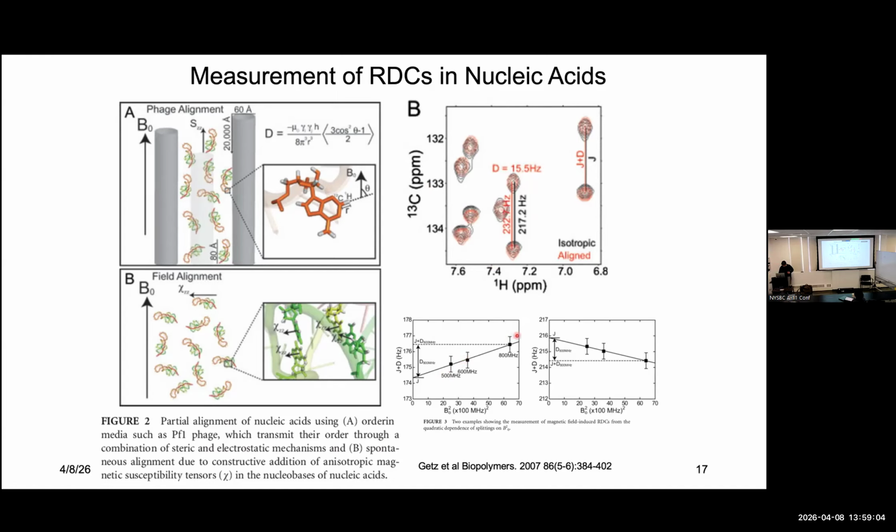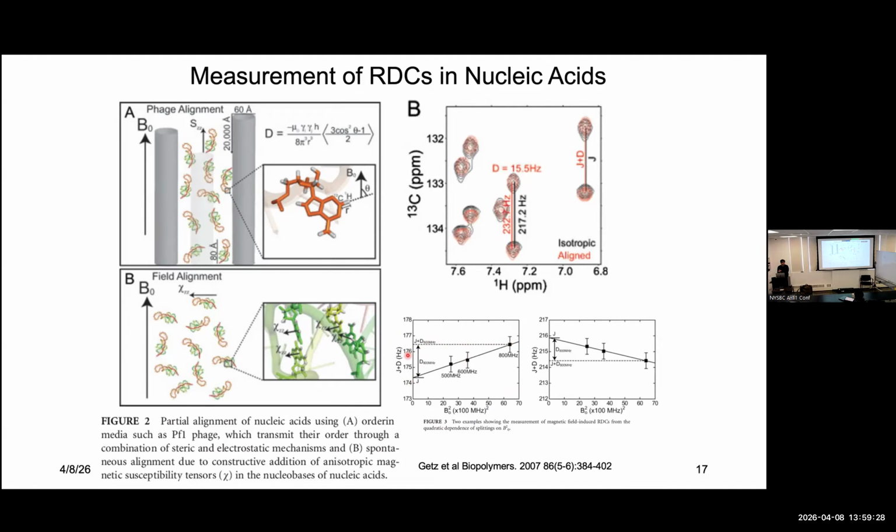What you can see here is that you plot the splitting as a function of B squared. You expect a linear dependence, and then you extrapolate to 0 to get the scalar coupling. The difference between the 0 and the highest field is usually what we call our dipole, our RDC contribution. So you need to do the field dependence.